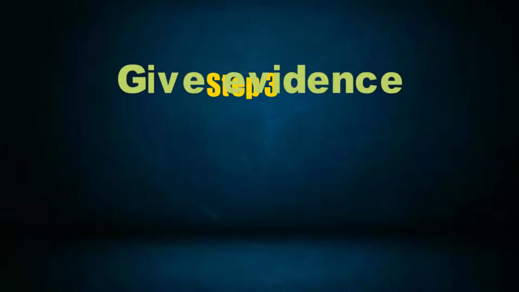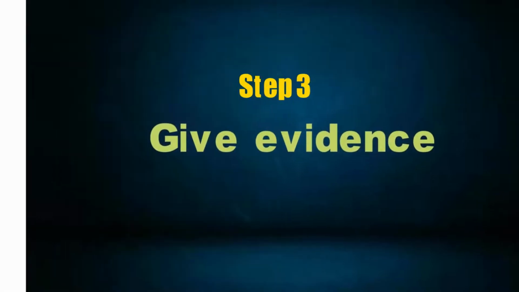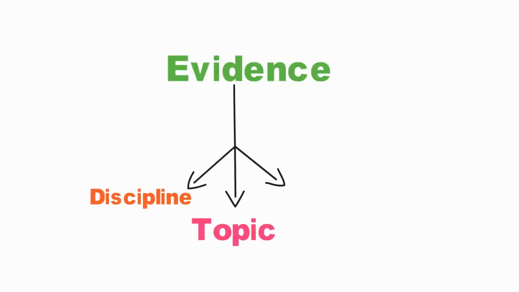Step 3. Give evidence. Now you can support your point with evidence and examples. Evidence here doesn't just mean empirical facts. The form it takes will depend on your discipline, topic and approach.